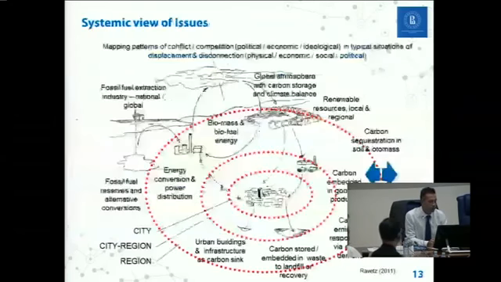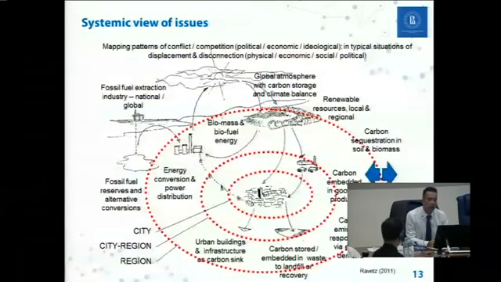As you see, for example, when we think about energy, it is not only a local problem. It needs to be considered in a cascaded way at multiple levels, starting from the global level, which begins with fossil fuel extraction in the industry, at the global and national levels. Then how this is converted into some sort of energy that we can make use of later, and then how this can be brought into our settlements for our use.